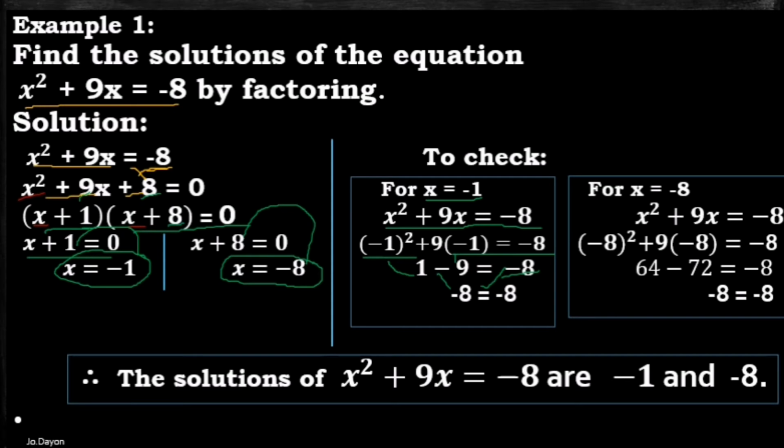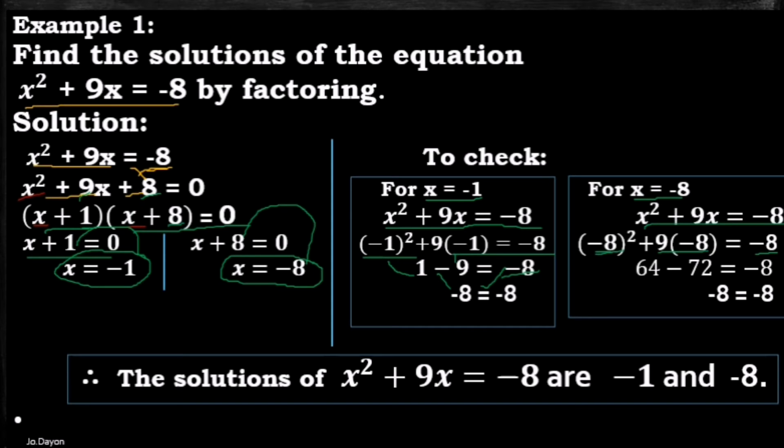How about if x equals negative 8? So now we have to copy the given equation. Next, substitute x by negative 8. So we have negative 8 squared plus 9 times negative 8 equals negative 8. Then, simplify further.